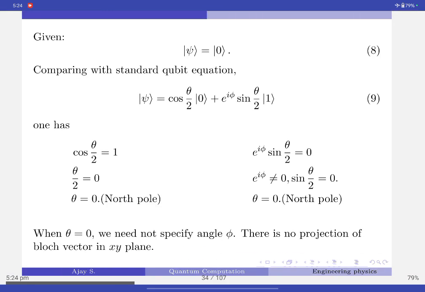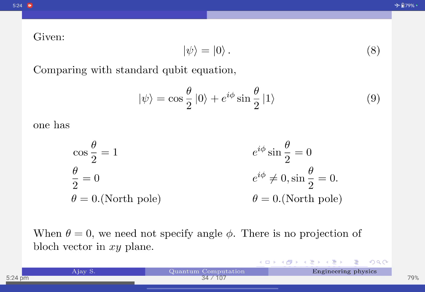So starting with the first one, ket psi is equal to ket 0. How do I visualize this on a Bloch sphere? Comparing with the standard qubit equation, comparing equations 8 and 9, one can say that cos theta by 2 has to be equal to 1, or e to the i phi sin theta by 2 is equal to 0. You may use any of them.